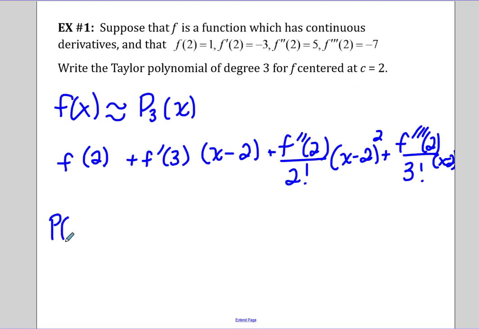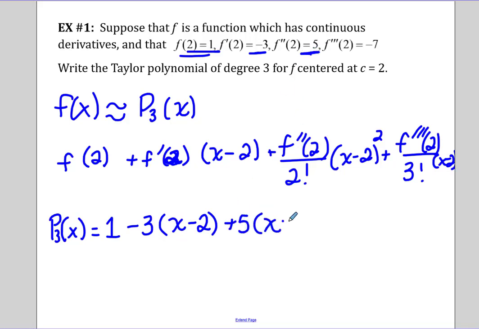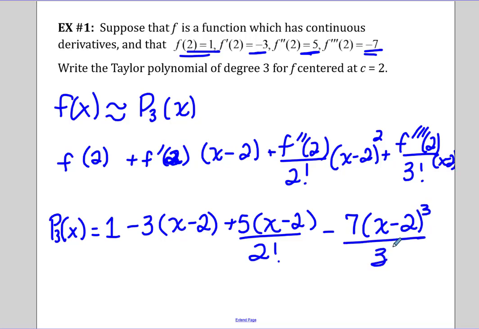And that would give us p sub 3 of x is f of 2, which is 1, plus f prime of 2, that's negative 3, times x minus 2, plus the f double prime at 2, which is positive 5, times x minus 2 squared over 2 factorial, and the f triple prime of 2, which is negative 7, times x minus 2 to the third over 3 factorial.